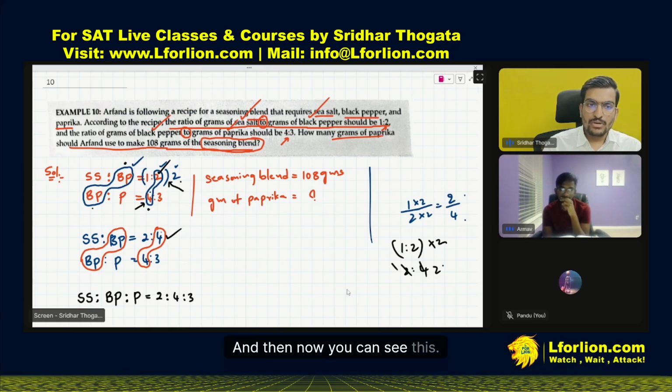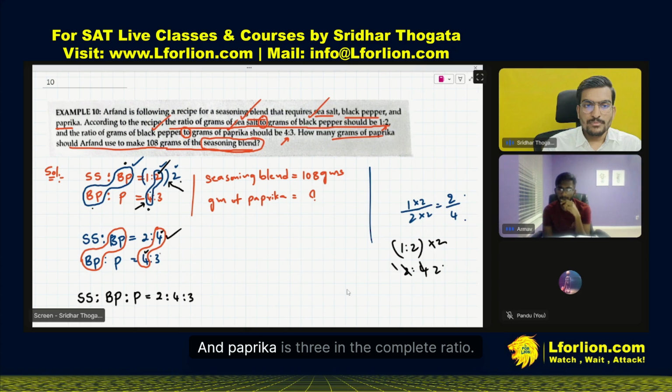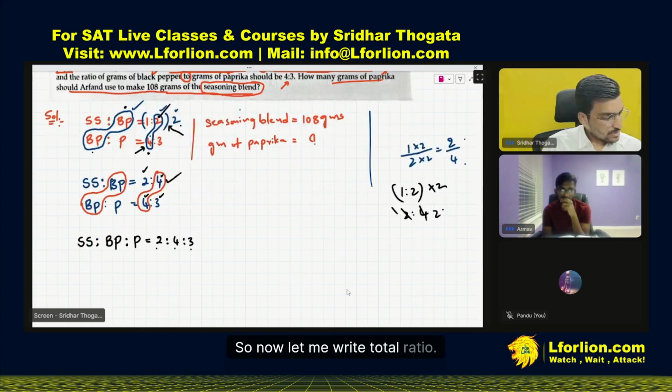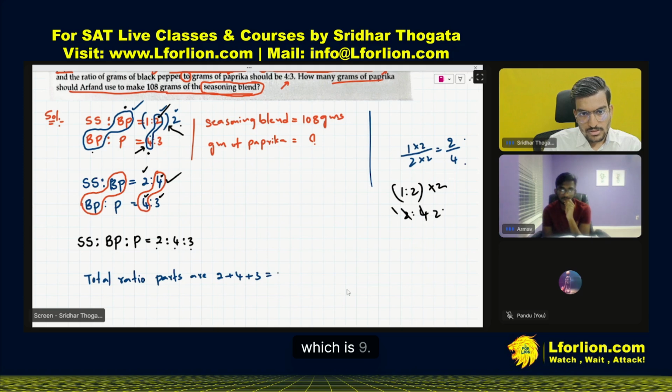Now you can see black pepper is 4 in the complete ratio, paprika is 3 and sea salt is 2. I wrote all together 2 is to 4 is to 3. So the total ratio parts are 2 plus 4 plus 3, which is 9.